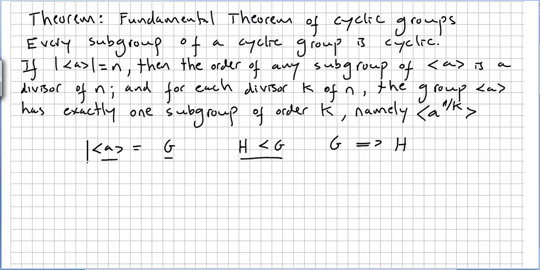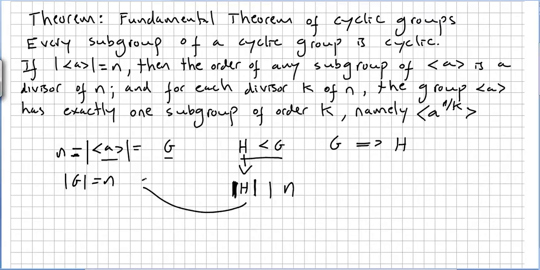Now, if the order of G is n, then the order of any subgroup of the group generated by the generator a is a divisor of n. So the order of H will divide n.